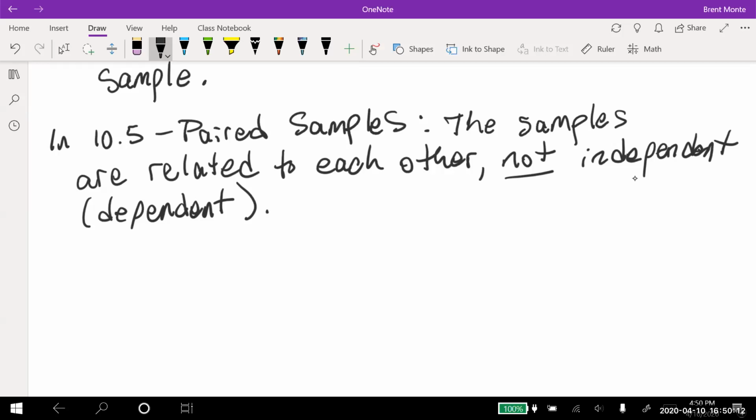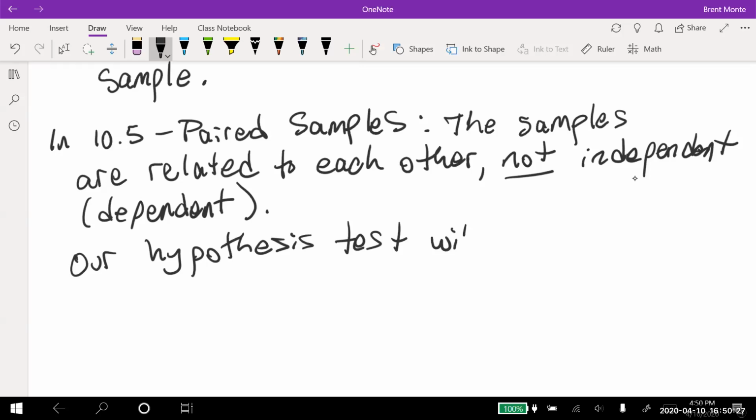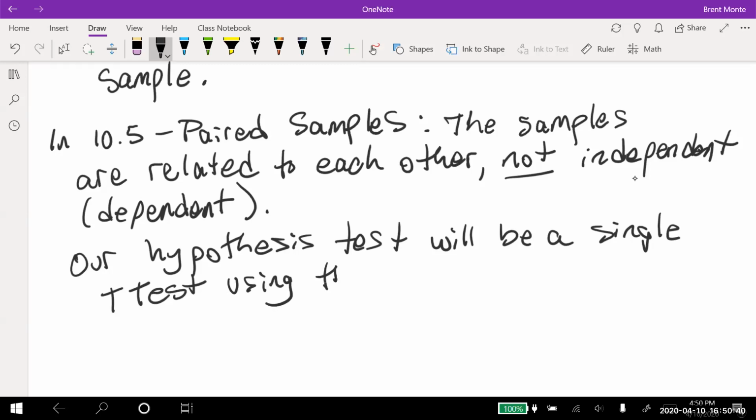Okay, so it's very important to make this distinction because we do a completely different test. Our hypothesis test will be a single t-test. Notice it's not a two-sample, just a t-test using the paired differences.